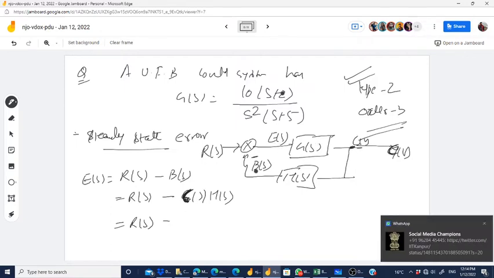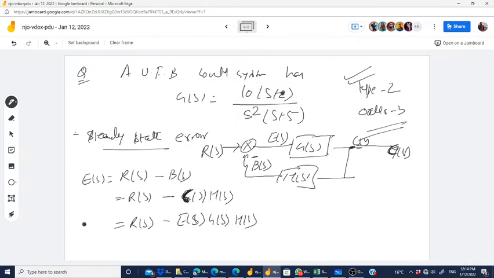C(s) is nothing but E(s) into G(s). Very good. So B(s) is E(s) into G(s) into H(s). So when you calculate, E(s) will come R(s) divided by 1 plus G(s)H(s). Right. R(s) upon 1 plus G(s)H(s).